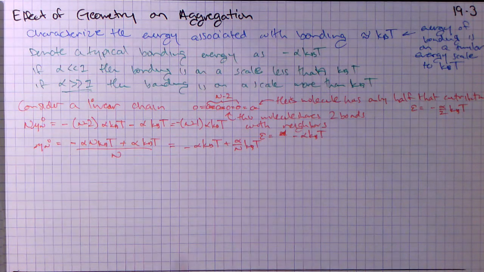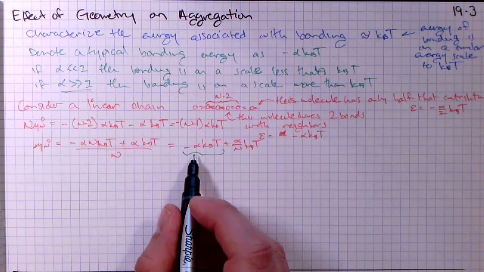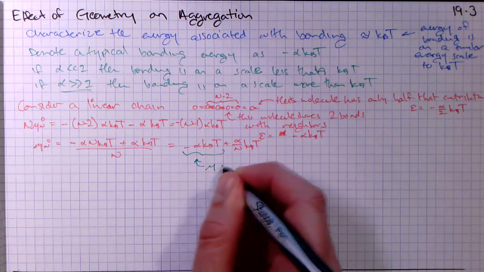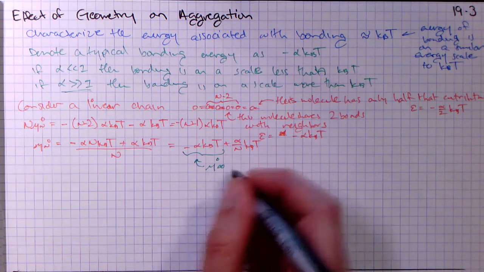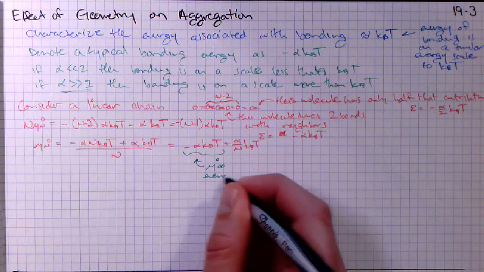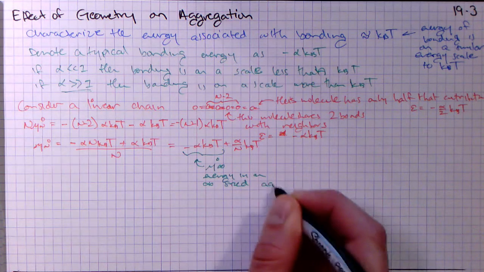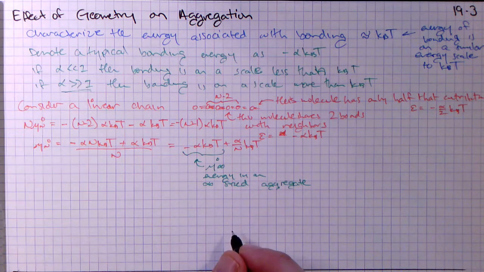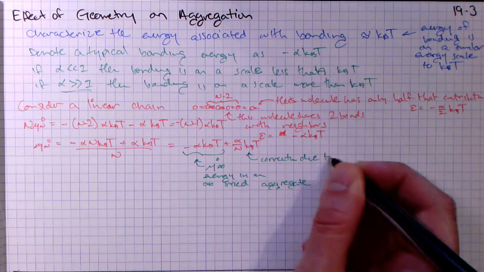Okay, so what does this tell us? Well, this term is the term we'd get if we just had an infinite sized aggregate. That is, the chain was so long that the ends didn't matter. So this is what we'll call mu 0 infinity. So this is energy in an infinite sized aggregate. But then there's a correction which is due to the ends.